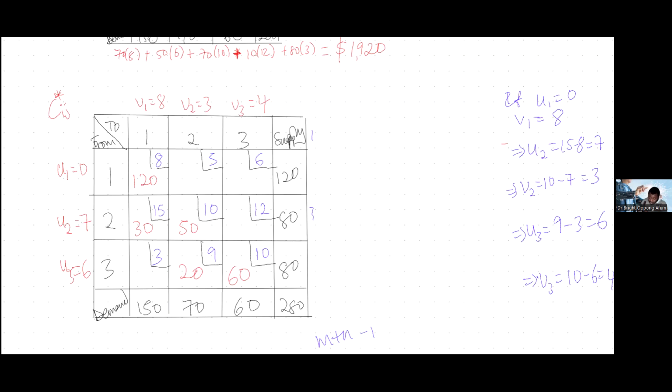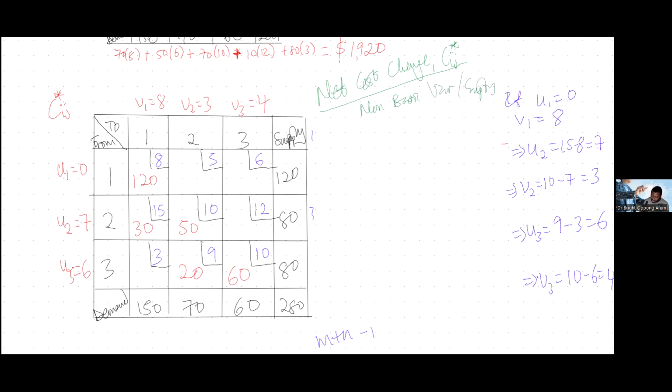We are now determining the net cost change, which is Cij asterisk, for each non-basic variable or empty cell.